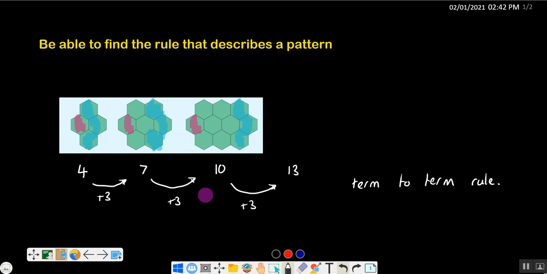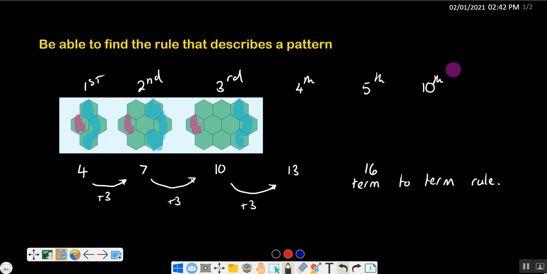We already did this with the pattern, so I know that this is the first term, this is the second term, this is the third term, this is the fourth term. If I asked you for the fifth term, you would just tell me it's 16, right? Now remember, if I then said to you, what's the 10th term?